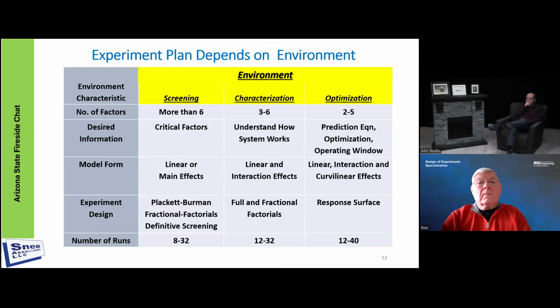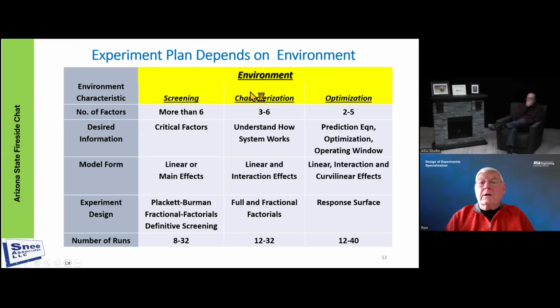So here is looking at the experimentation as it depends on the environment. If you look on the left-hand side over here, experimental environment, you've got number of factors, desired information, model form, experiment design, number of runs.